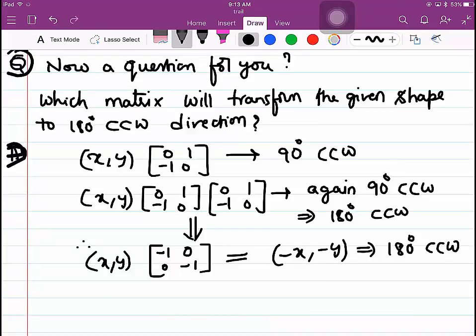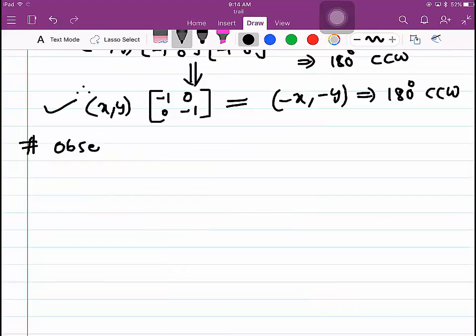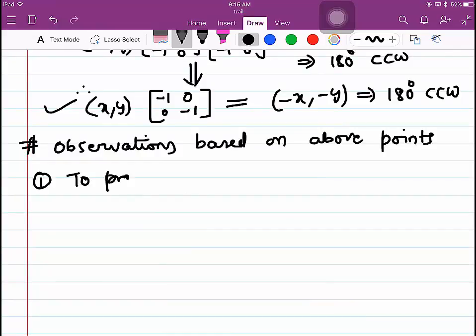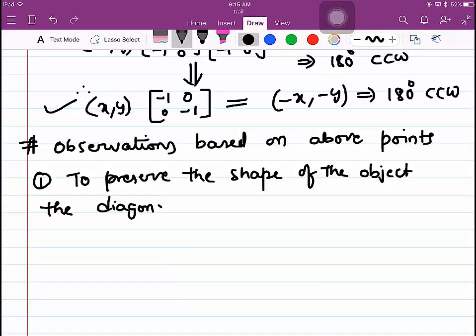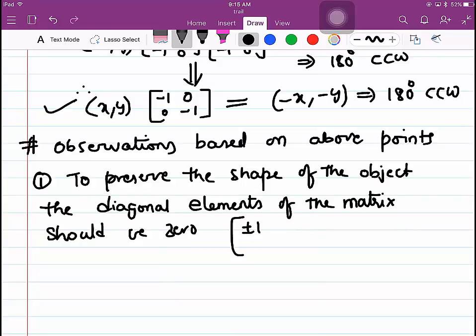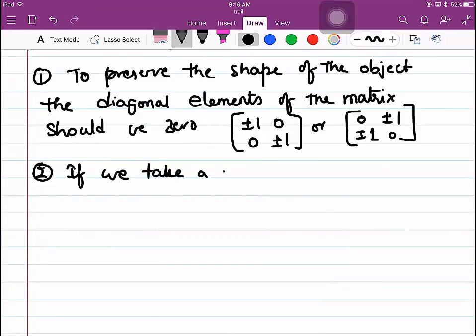Let us make some important observations from the points discussed till now. To preserve the shape of the object, we need to take care that the diagonal elements should be 0 for the transformation matrix we choose. It should be in either form. Our second observation is from the rotating matrices.